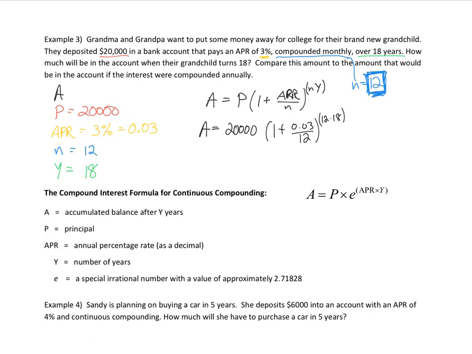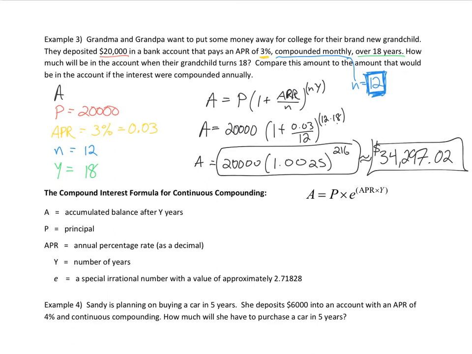I'm going to simplify a few things, so I will have 20,000 times 1.0025 to the power of 12 times 18, which is 216. So now that I have this in some sort of workable form, I can put this into the calculator and get approximately $34,297.02.